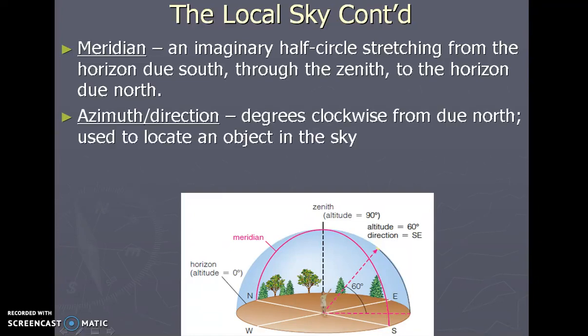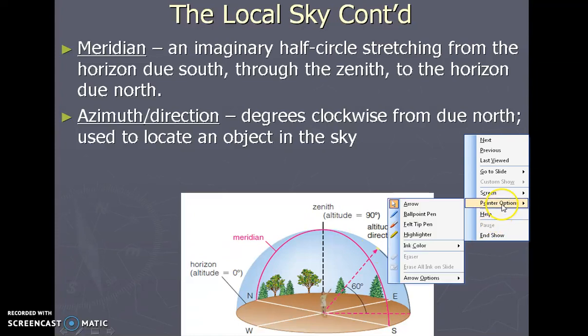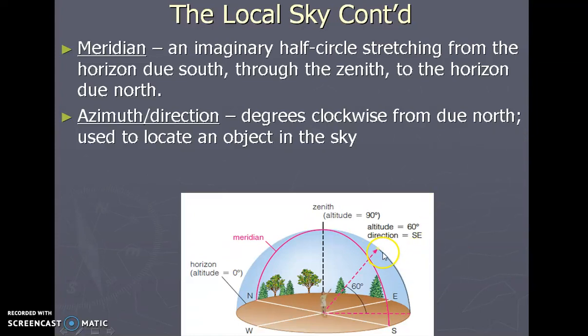The azimuth, also known as the direction, is the degrees clockwise from due north, and is one of the things that's used to locate an object in the sky. So for example, this person is trying to locate this object right here. Let's just mark that. There we go.